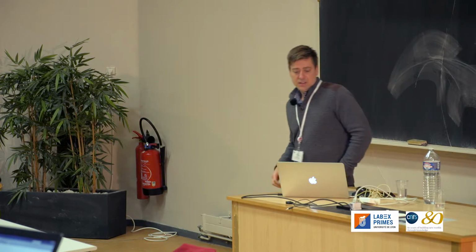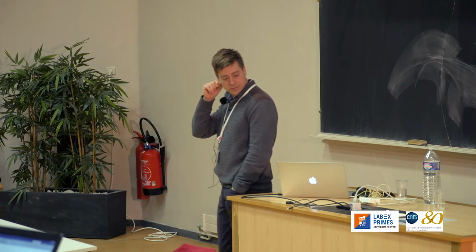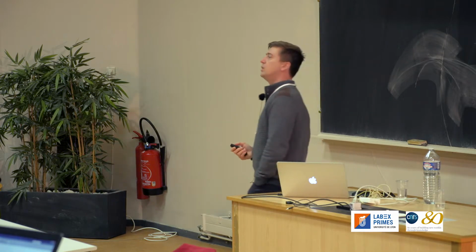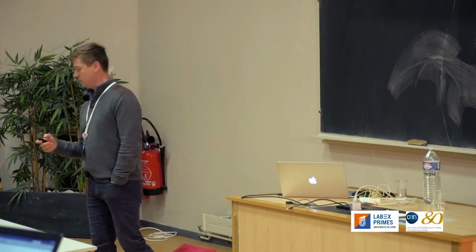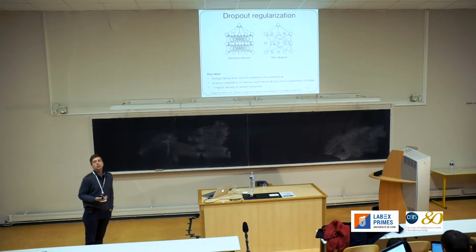Okay. Next concept is dropout. You probably have heard of dropout. So while we're doing training, imagine you have a standard network. While we are doing training, we will randomly drop some of the connections. So what does it mean, drop a connection?